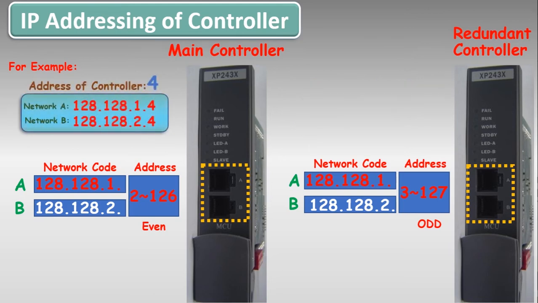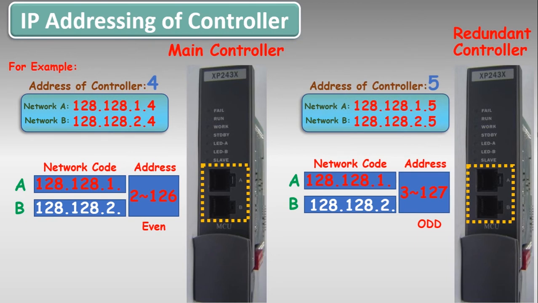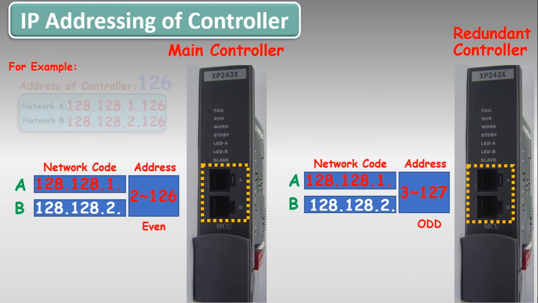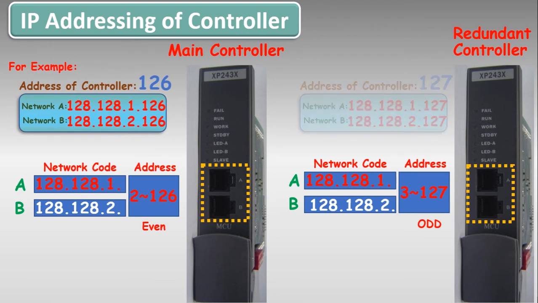If the address of the main controller is 4, its redundant controller address will be 5. The network code of the IP remains the same, only the addresses of the IP change. The last address of the main controller is 126 and its redundant controller is 127.